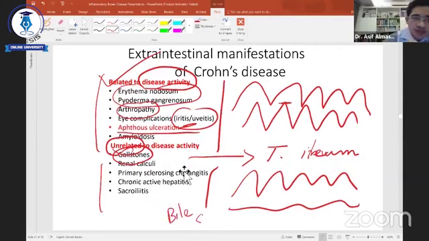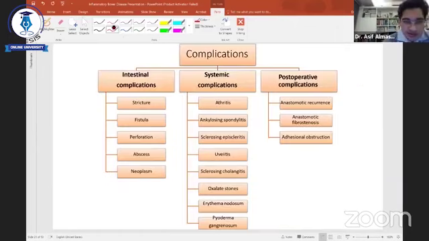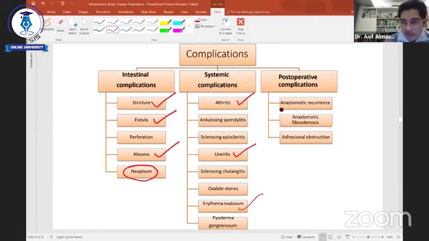Complications again. Some of the complications: stricture formation, very common. Fistulation, abscess, very common. Rarely there may be a neoplasm, it's not very common. Arthritis, common. Uveitis, common. Skin involvements are common. And anastomotic recurrence, this is important. Anastomotic fibrostenosis, additional obstruction.